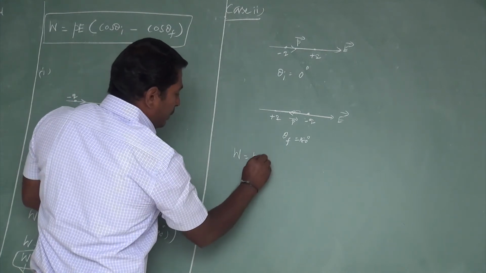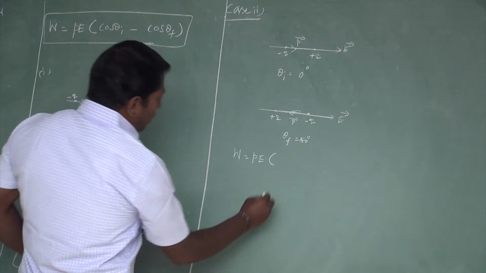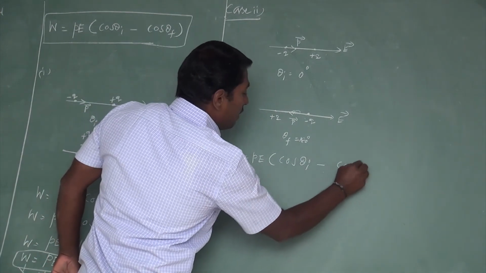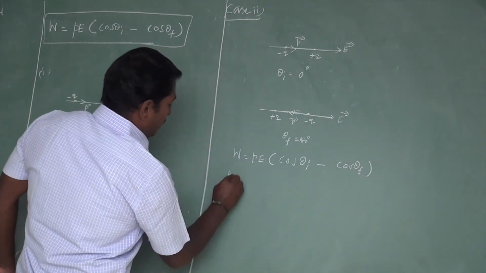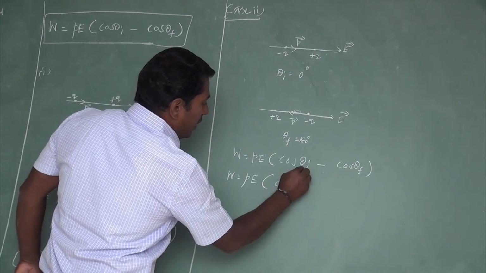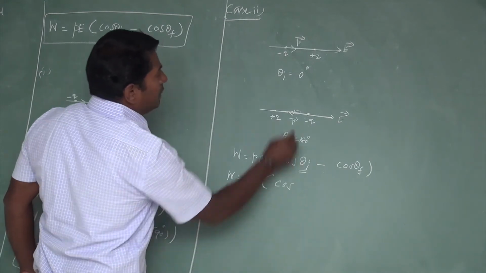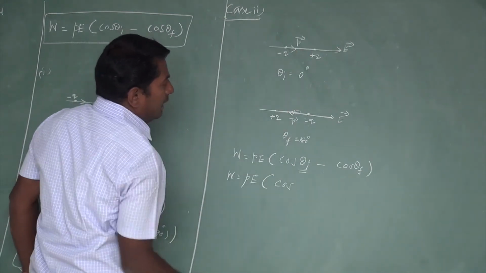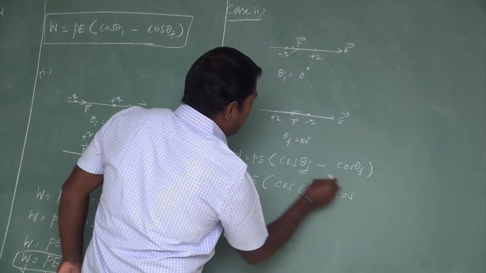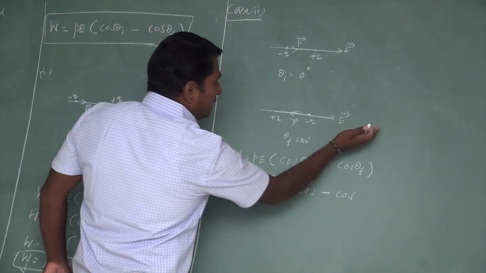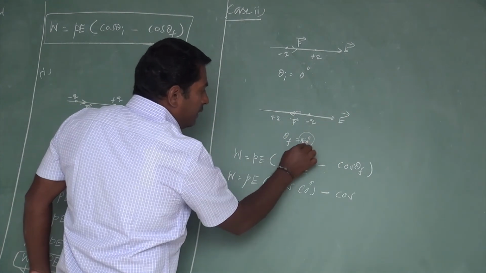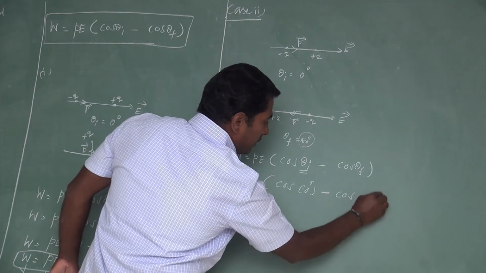So amount of work done is required: W is equal to PE cos theta I minus cos theta F. Initial angle between electric dipole moment and electric field is 0 degree, minus cos final angle, both acting in anti-parallel, final angle is 180 degree.